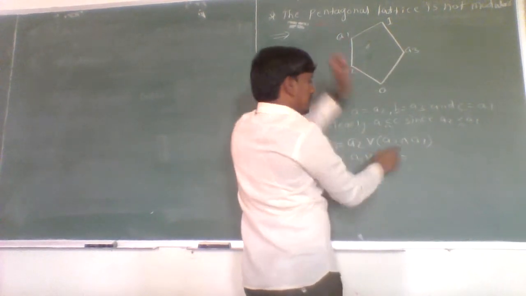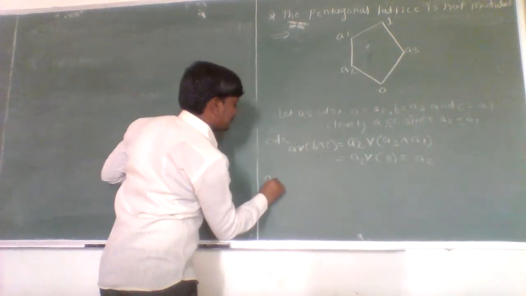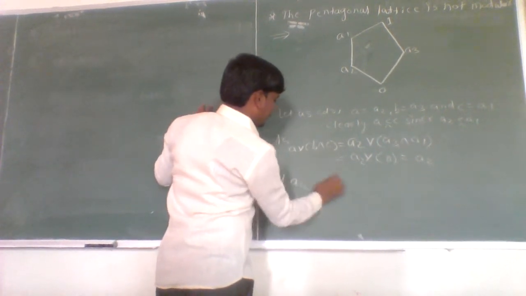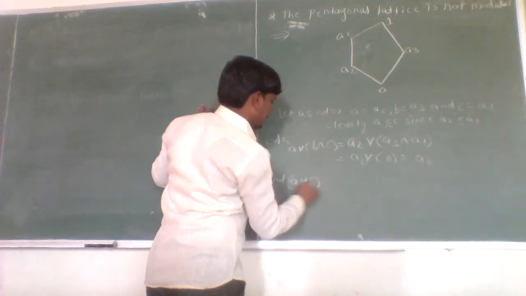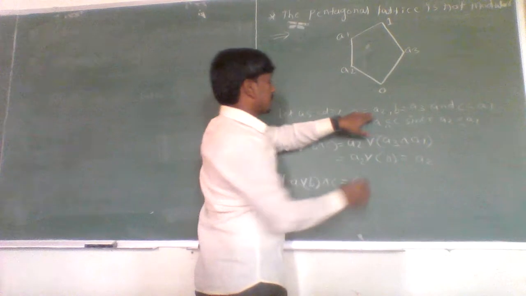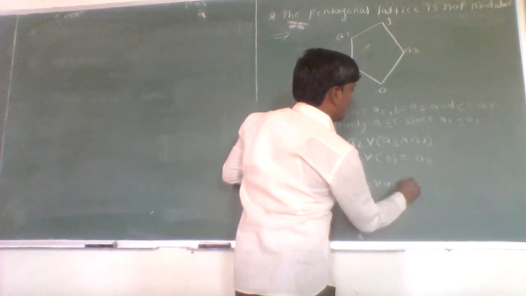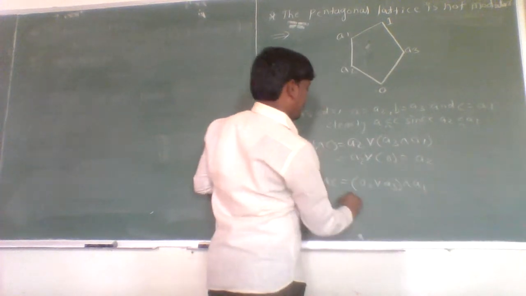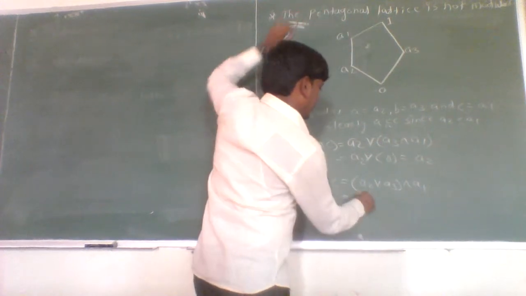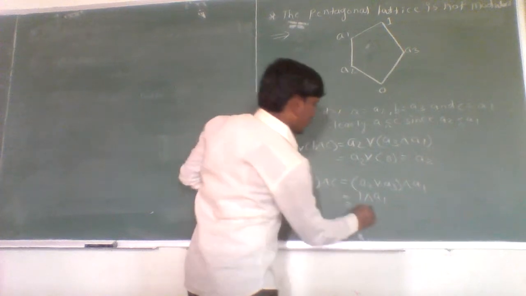And A2 join 0 is nothing but A2. And now (A join B) meet C is equal to (A2 join A3) meet A1. From this diagram, A2 join A3 is nothing but 1. Meet A1: as 1 is the greatest element, 1 meet A1 is nothing but A1.